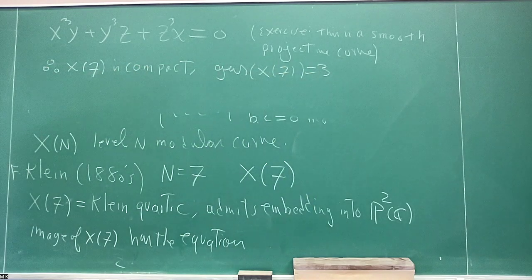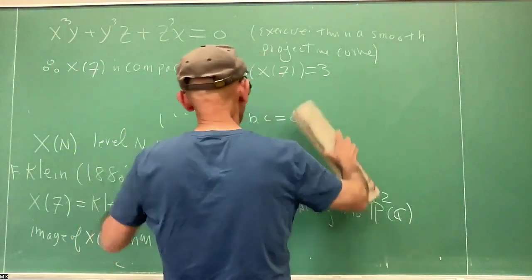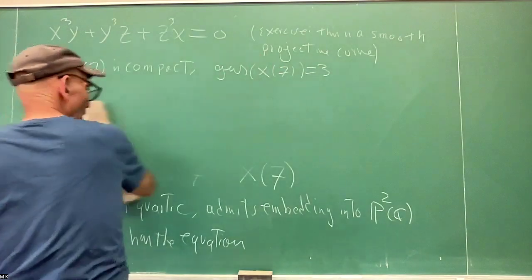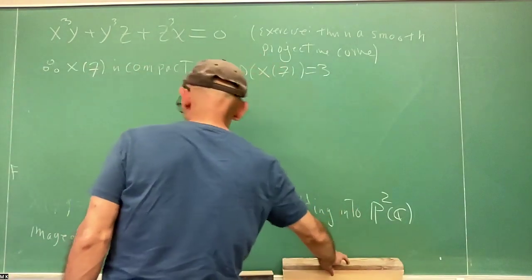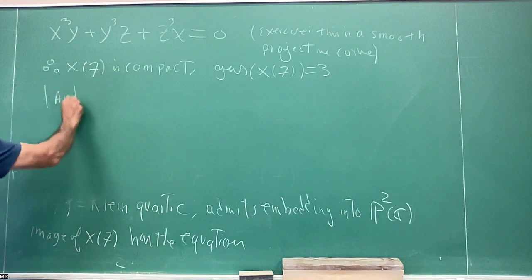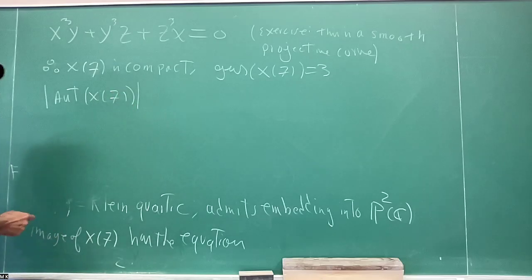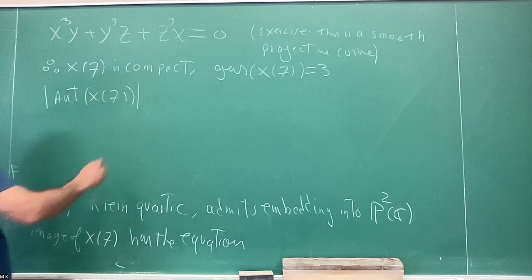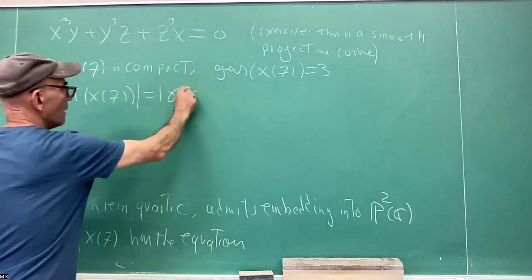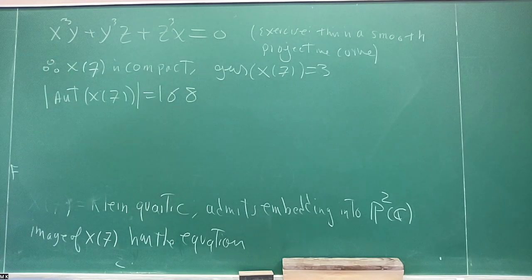He did a lot of work on this, but another thing is he calculated the automorphism group of these, the biholomorphisms. And he showed that the order of the automorphism group of X7 is 168. So you may wonder, so what? Let me tell you why.